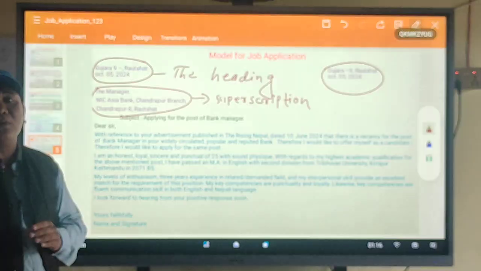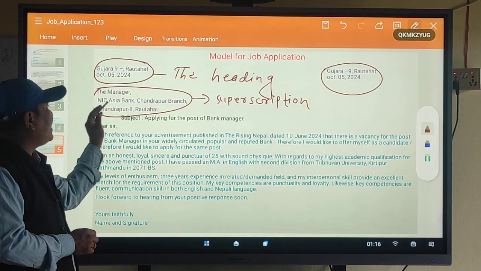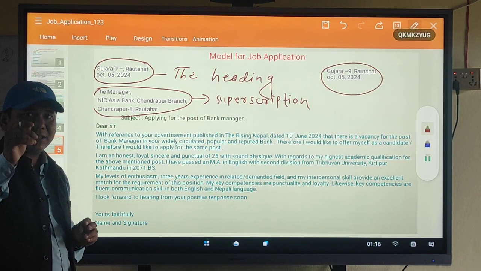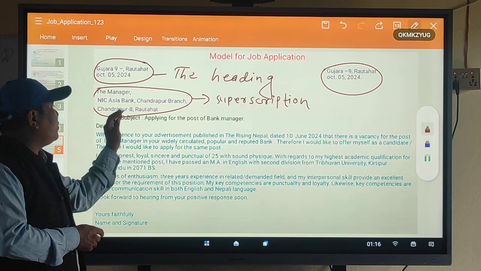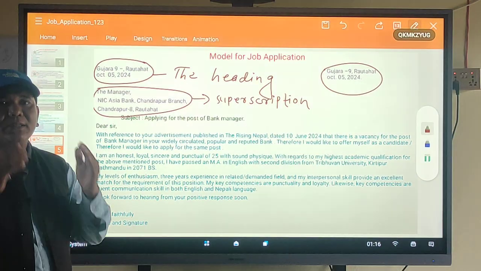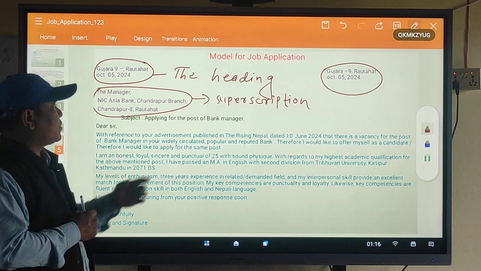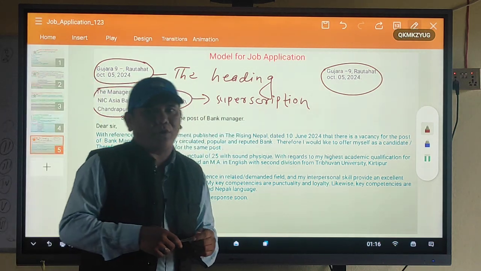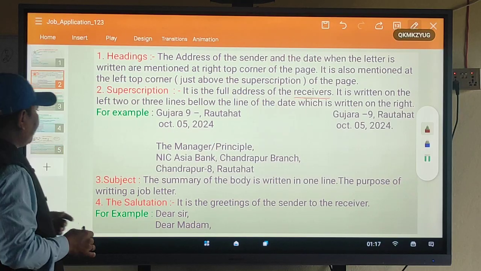Okay, this is the full address of the receiver. So this is called the superscription. Okay, now let's move ahead.